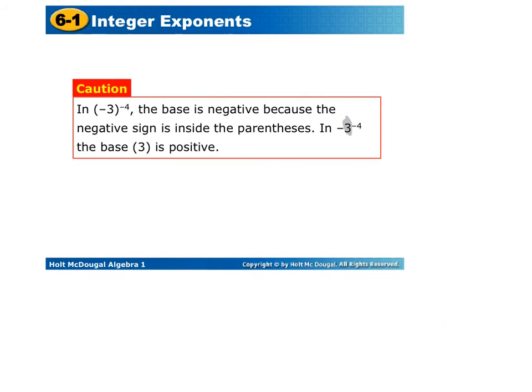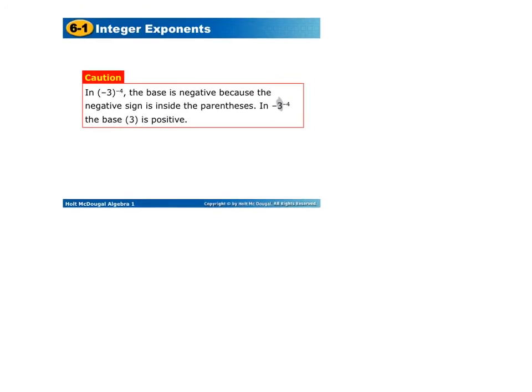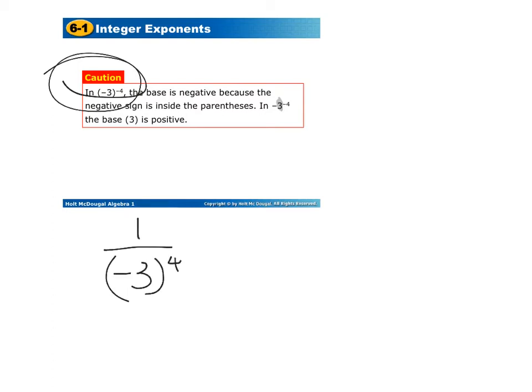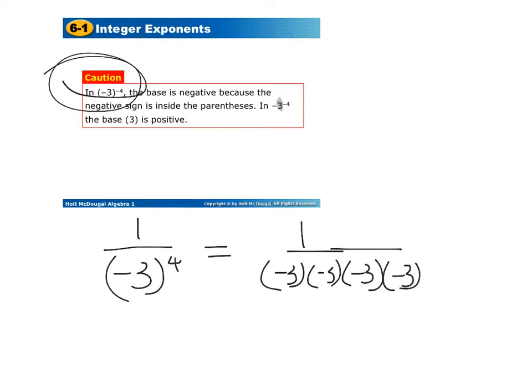The difference between the two, and this is a common mistake you're going to make, is the first one, you're going to do 1 over negative 3 to the positive 4. And this is going to become 1 over negative 3, negative 3, negative 3, negative 3.